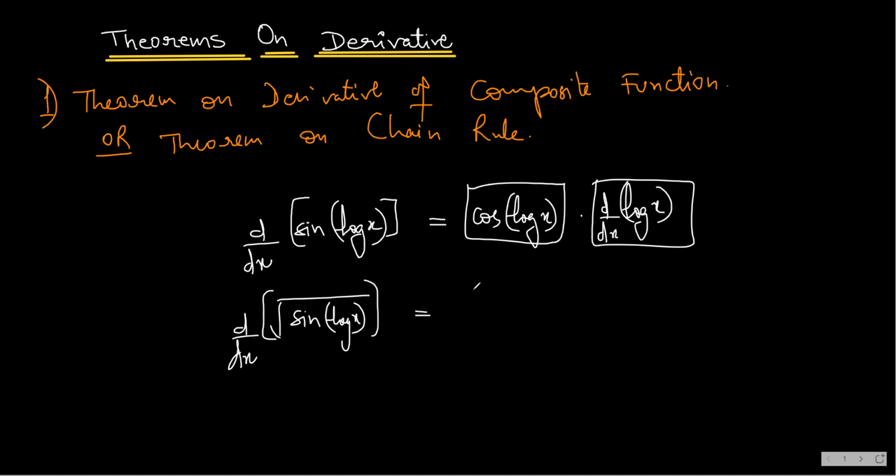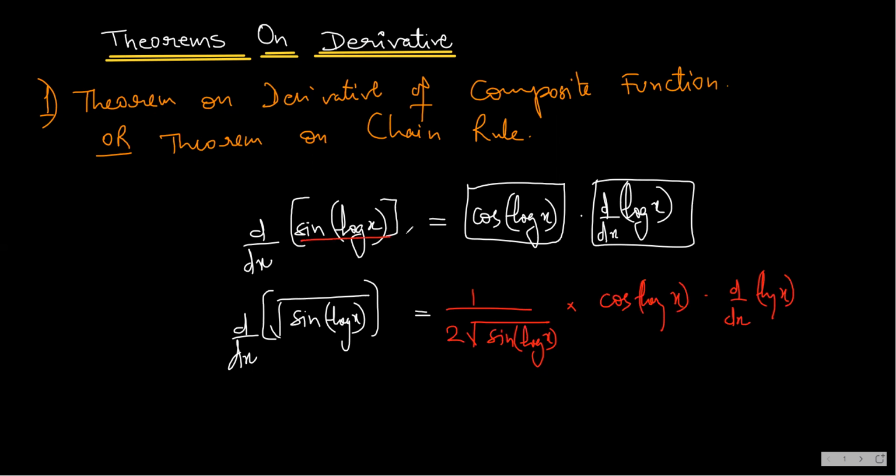So its derivative will be 1 upon 2 root sine log x into d by dx of sine log x. That is cos log x into d by dx of log x, which is 1 upon x. Here you had sine log x, so its derivative was cos log x d by dx of log x. But when you have root of sine log x, then it is this.